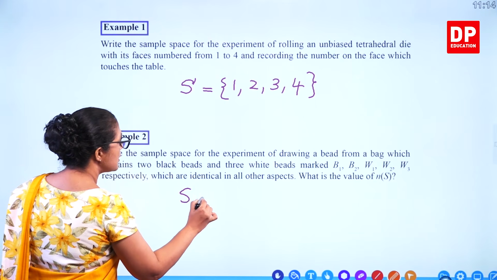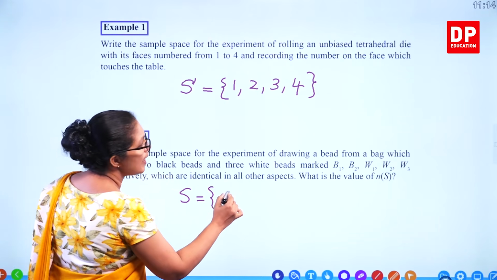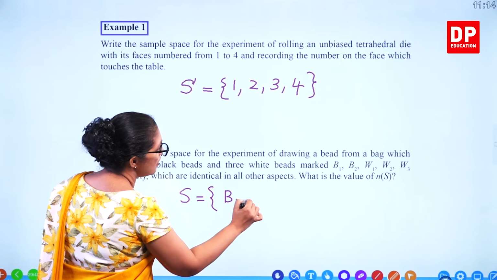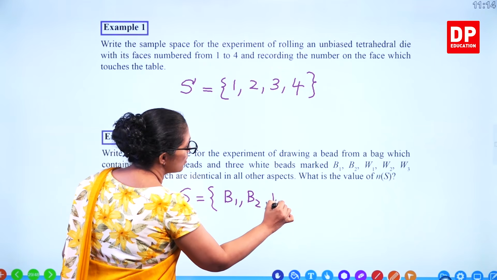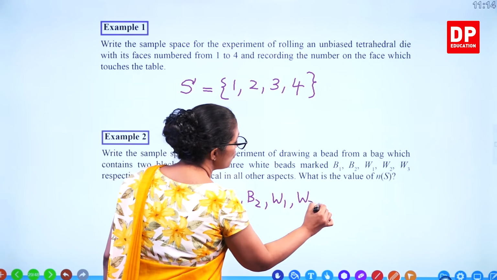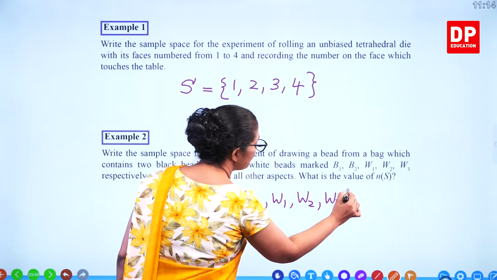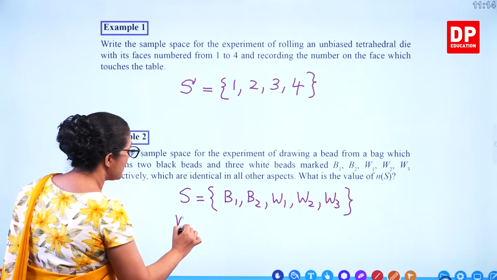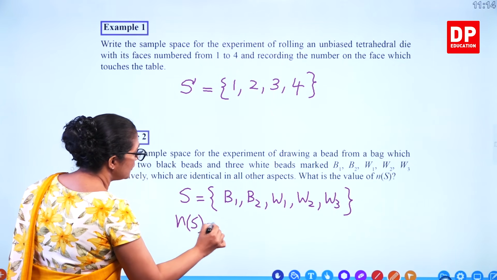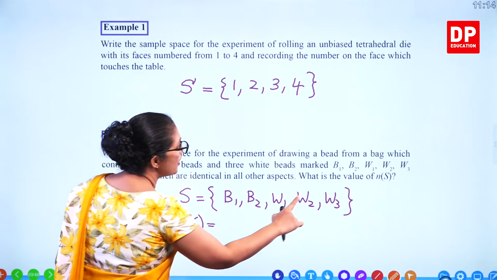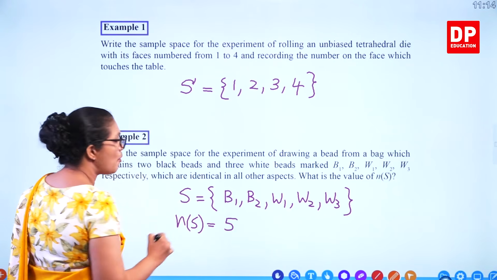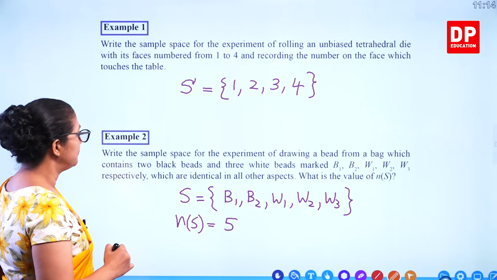So what's the sample space? You can get B1, B2, W1, W2 or W3. So what's the number? Altogether 1, 2, 3, 4, 5. 5 possibilities are there.